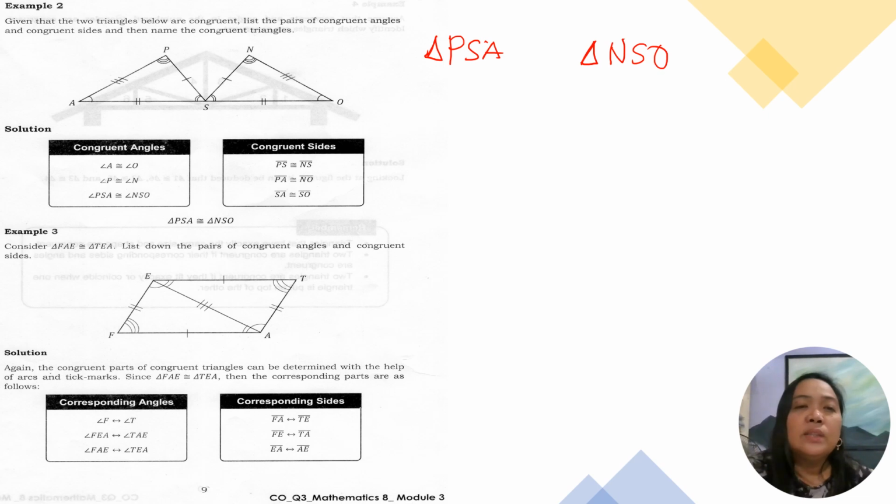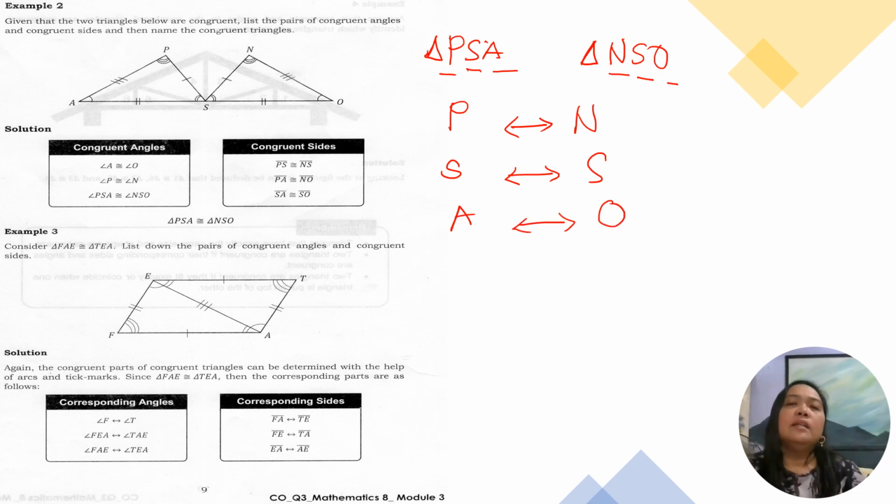So the vertices must coincide. Vertex P must coincide with vertex N. Vertex S corresponds to vertex S of another triangle. Take note that P corresponds to N. Vertex S corresponds to vertex S of another triangle, while vertex A corresponds to vertex O of another triangle.